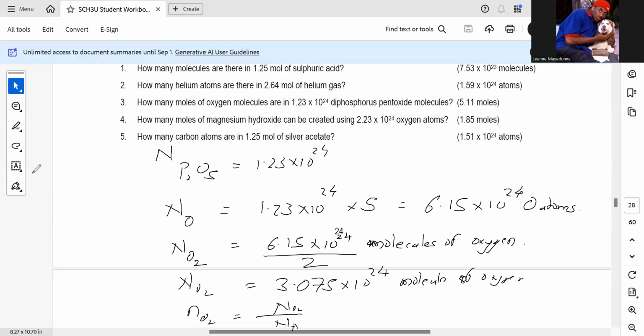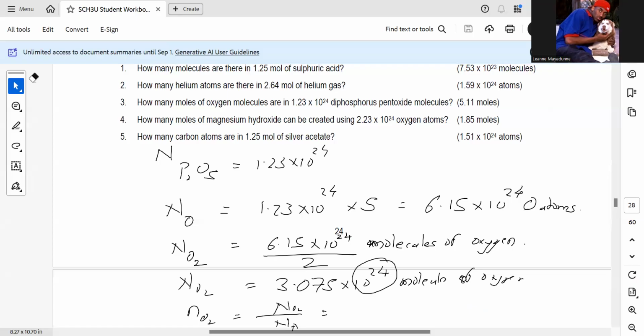I got 0.51. That's 0.51. Are you sure? This is 10 raised to 24. Oh, times 10 to the power, oh, so it's 5.1 times 10 to the power 23. No, cannot be.